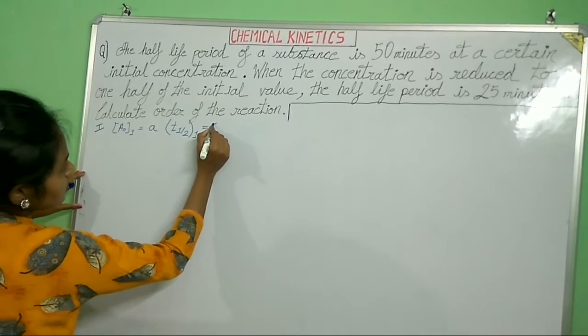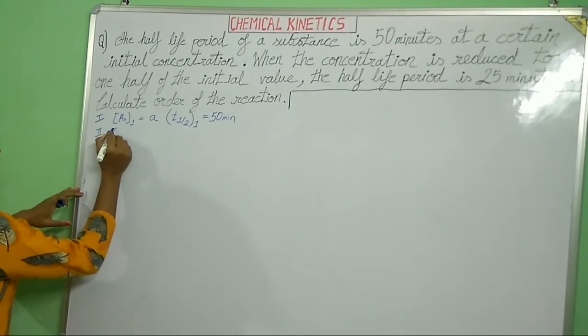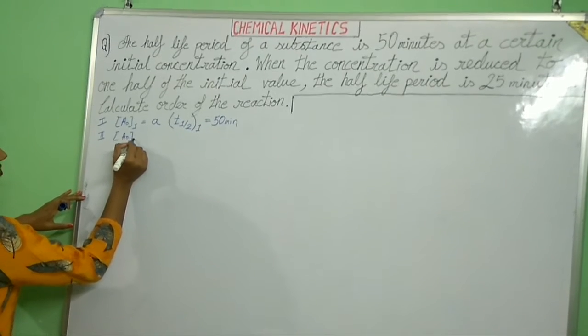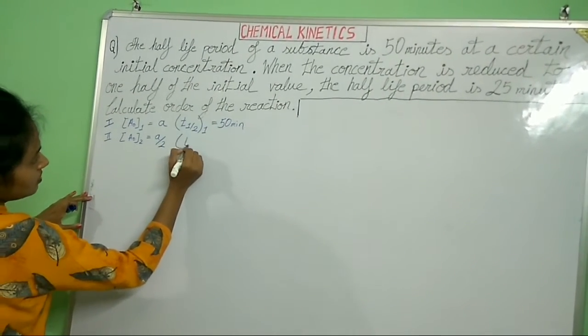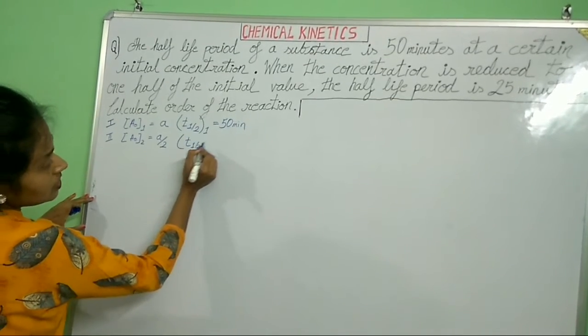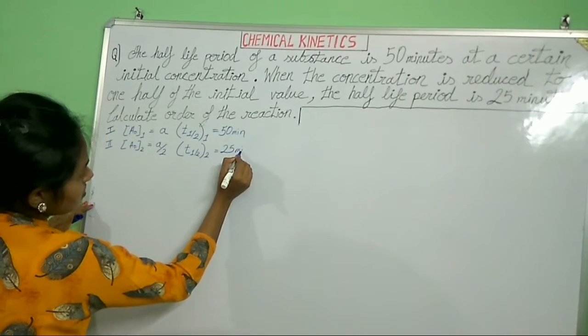That is 50 minutes. Right? Now, for second case, the concentration is half. So, A by 2, and what is the T half given in the question? That is 25 minutes. Right?